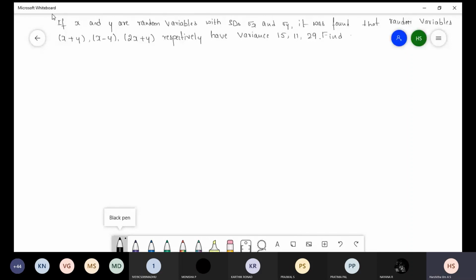Find the standard deviation of x, y and the coefficient of correlation.